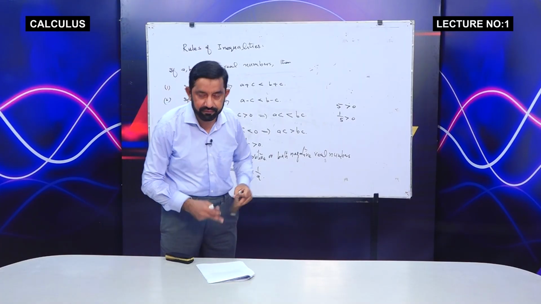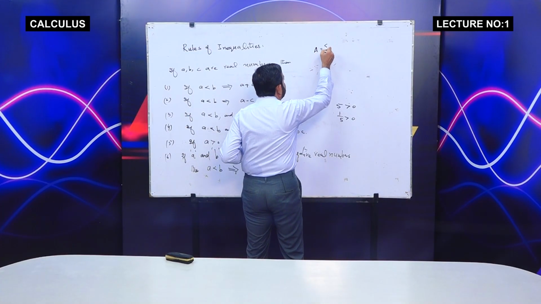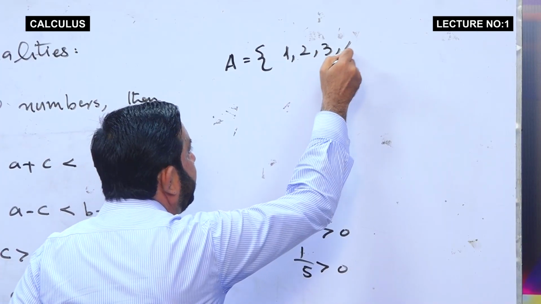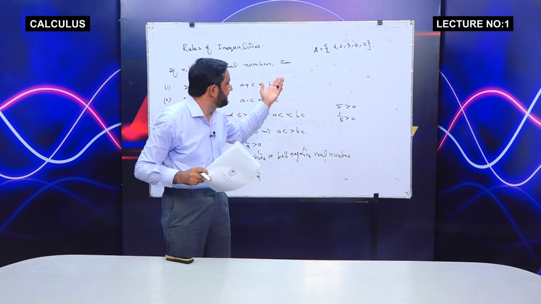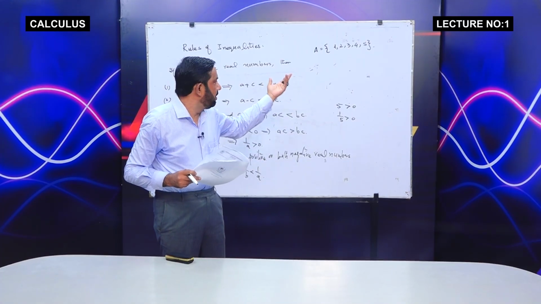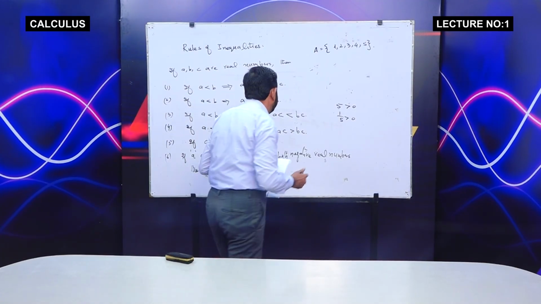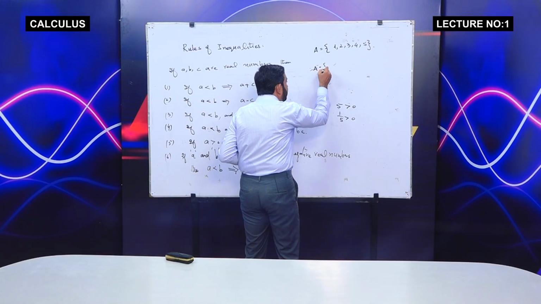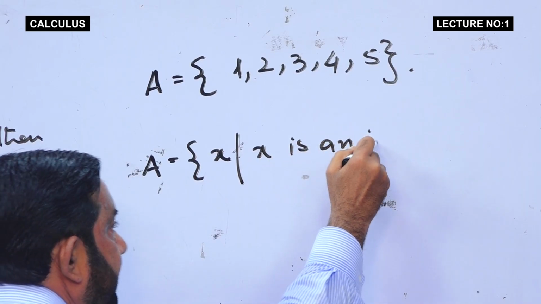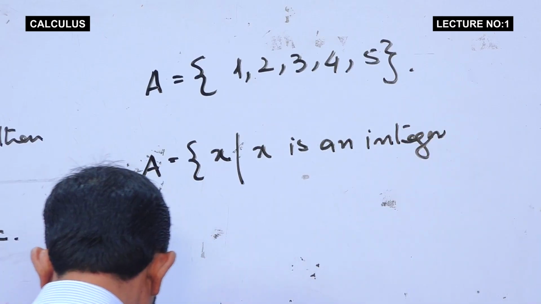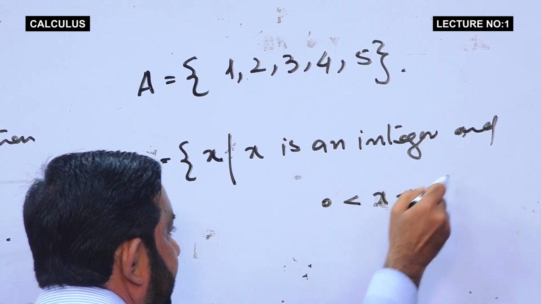For example, we have the set A, which consists of the first 5 natural numbers. This set can be written in the form of 5 positive integers, or you can say the first 5 natural numbers. It can also be described in this form: the set of x such that x is an integer and x is less than 6 and greater than 0.